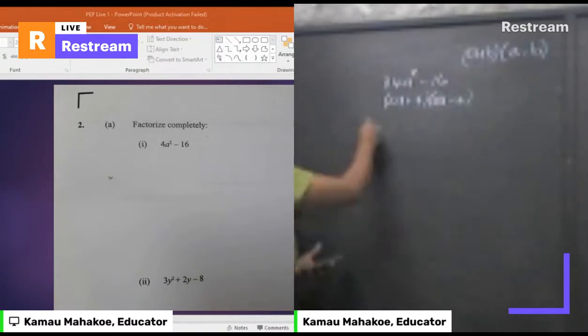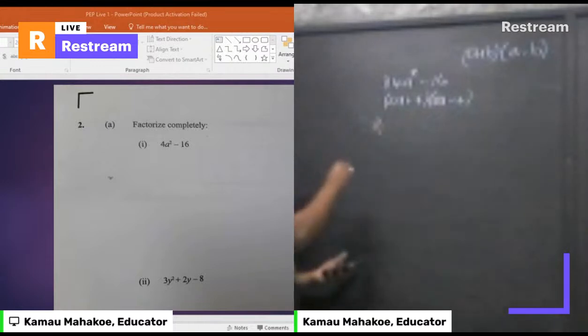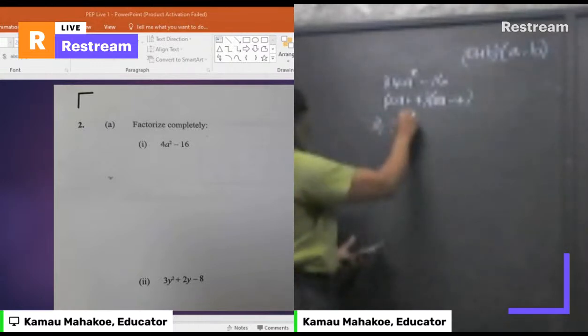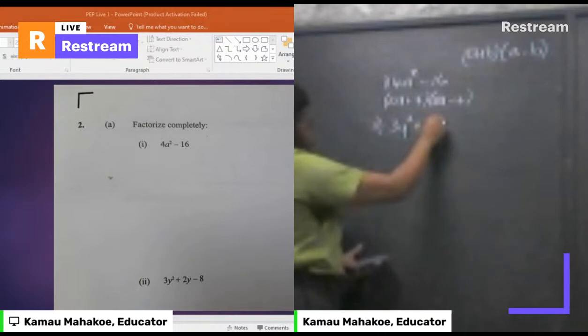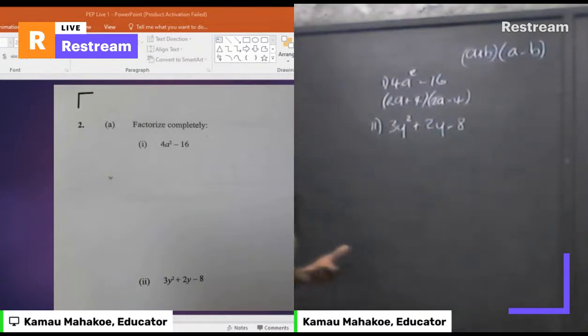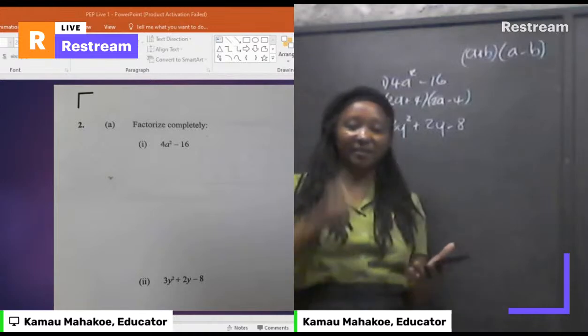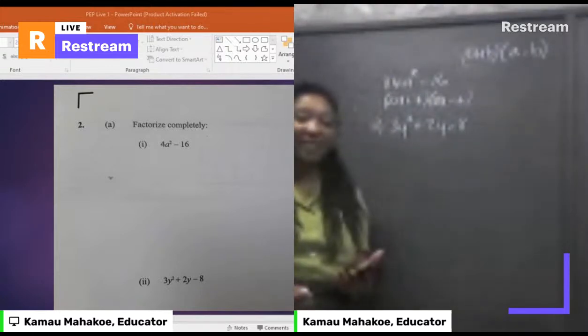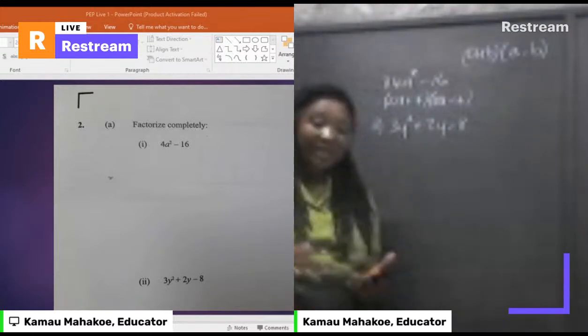Now part 2, they want us to factorize 3y squared plus 2y minus 8. So this is not the difference of squares. We don't have a square number minus a square number. We're going to need to factorize this one, and I'll tell you the steps.